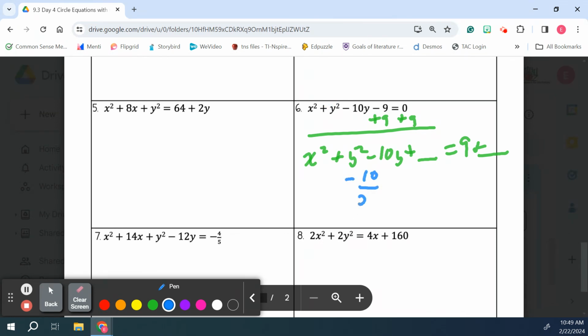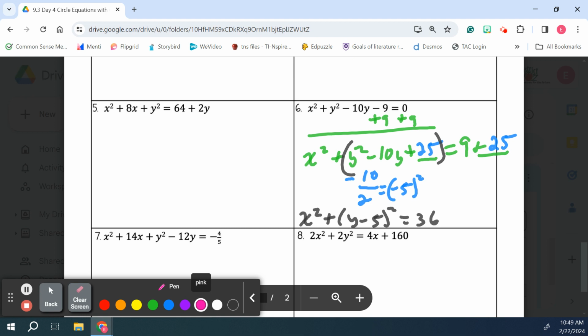Negative 10 over 2 gives me negative 5. I square that, so I get 25 here, 25 here. When I factor, I'm left with x squared plus, now remember this gets factored, this will be y minus 5 squared equals 36.